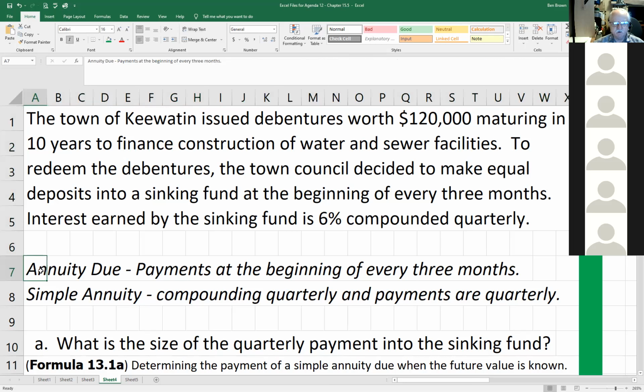This is an annuity due because they're making payments at the beginning of every 3 months. And I've said here it's a simple annuity, because the payments are every 3 months and it's compounded quarterly.